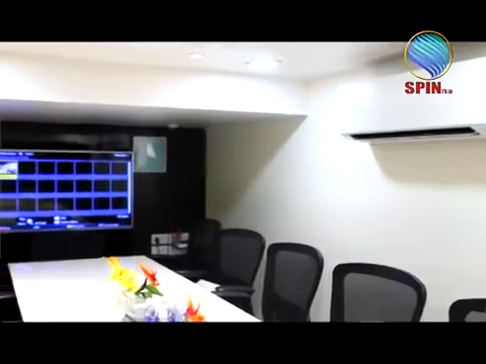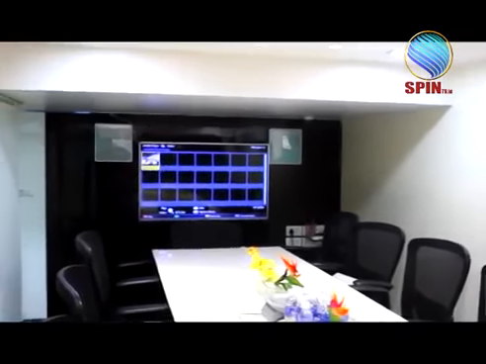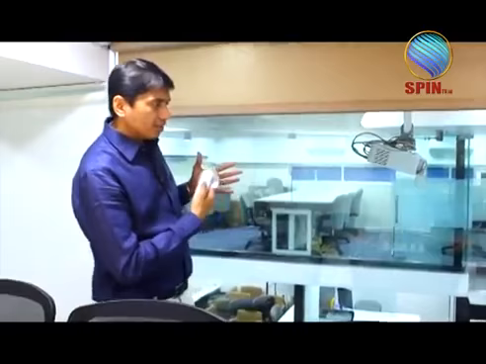So this becomes the connectivity space between the two, as there is a glass barrier provided here. Now this glass barrier connects well with the courtyard, which is right downside. So when there is no meeting, we just keep it open, and it gives a wider space and better connectivity between the people who are working down and the people who are sitting on top.